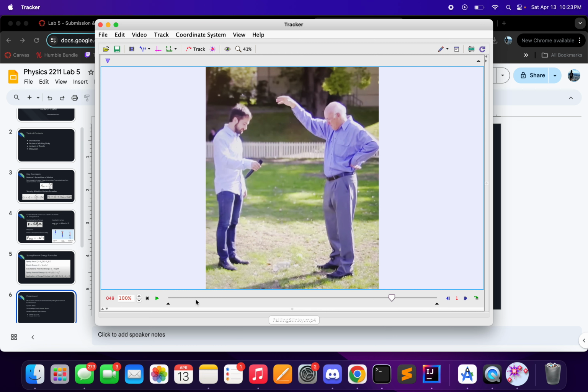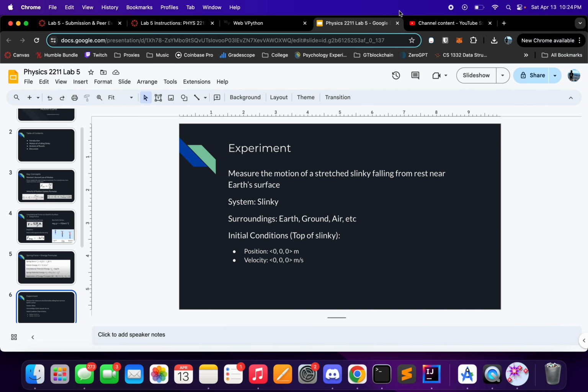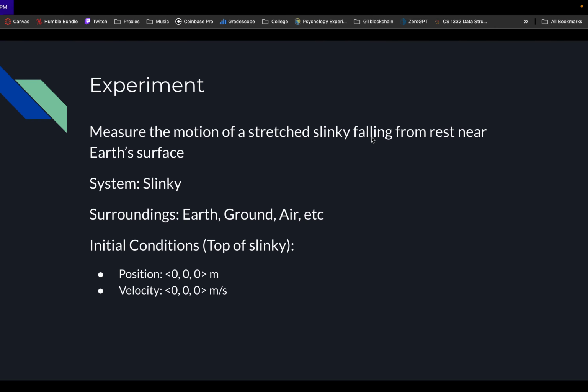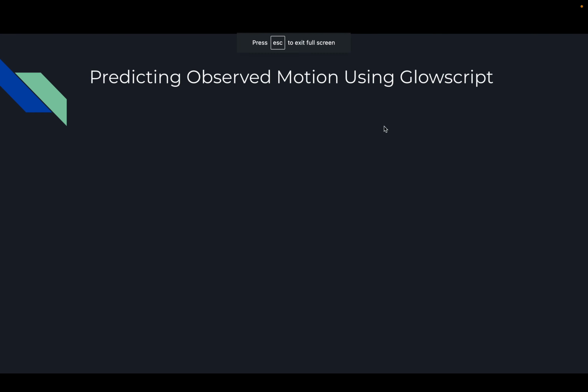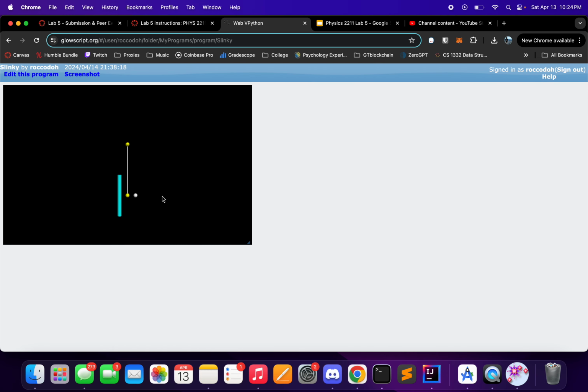So we know that there's some kind of force, if we look at the bottom of the slinky, that holds it in place, because mg is pulling it down. So in order for it to stay in place, there's a force acting up on it. And in order to show this better, if we take a look at predicting observed motion using GlowScript, I have a script that also shows something similar.